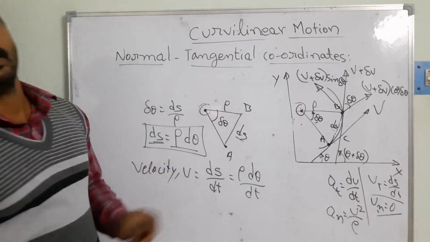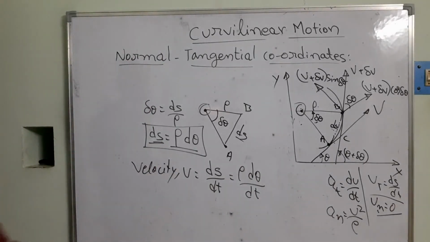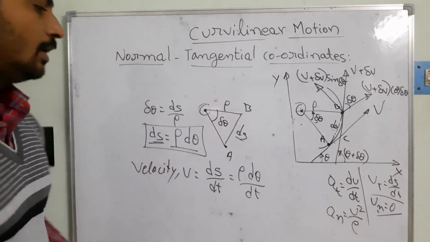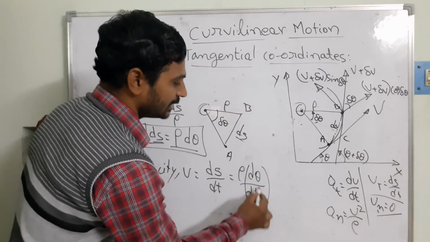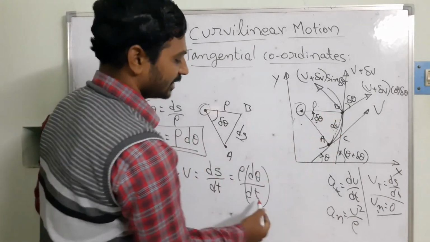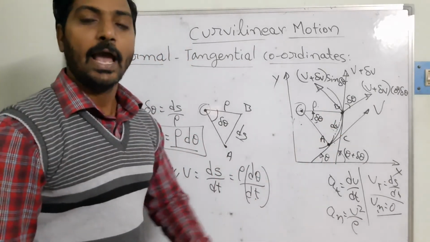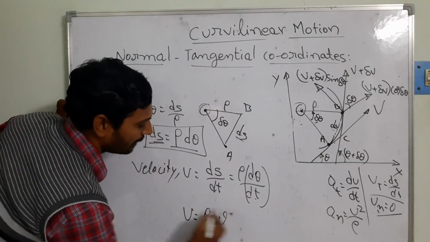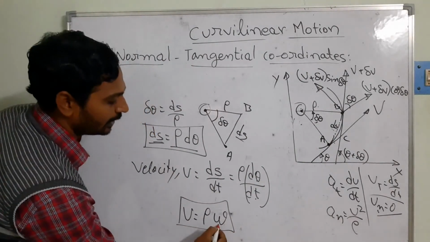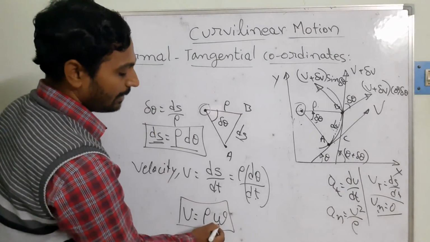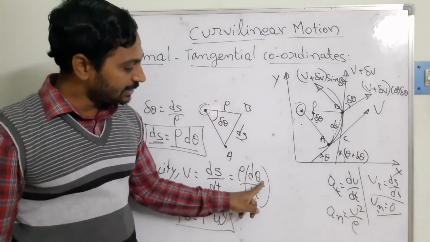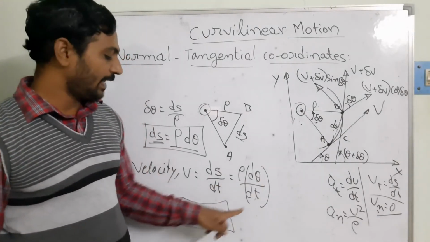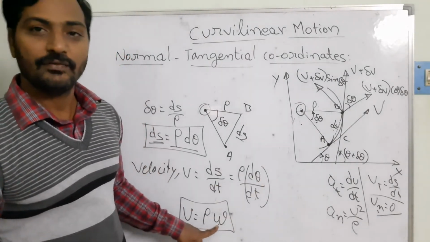So this is going to be rho into dθ by dt, the rate of change of angular displacement with respect to time. We say that is angular velocity. So v is equal to rho into omega.